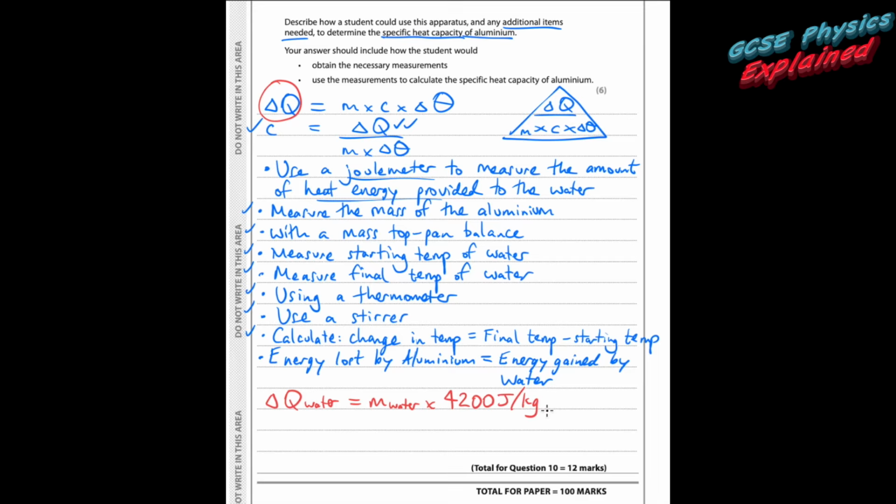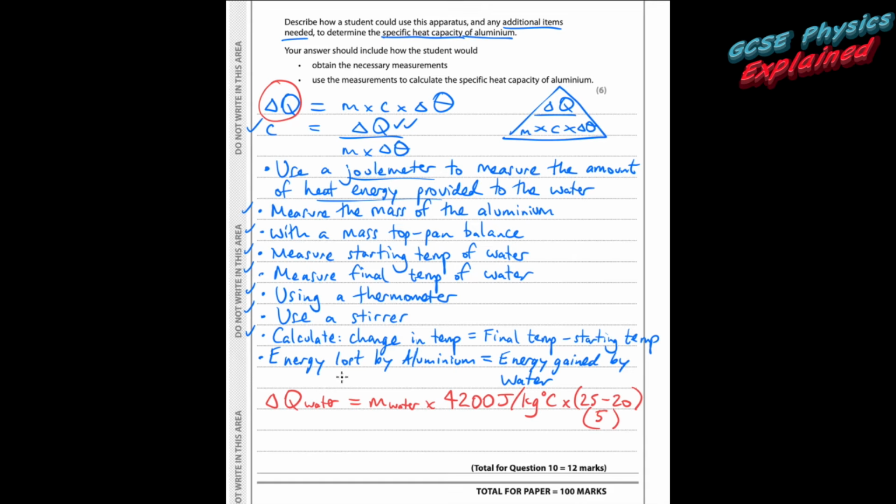It's 4,200 joules per kilogram to make it heat up by 1 degree C. And I've just said the temperature is going to go to 25 from 20, so the change would just be 5. Technically, that's how we could work out the heat gained by the water.